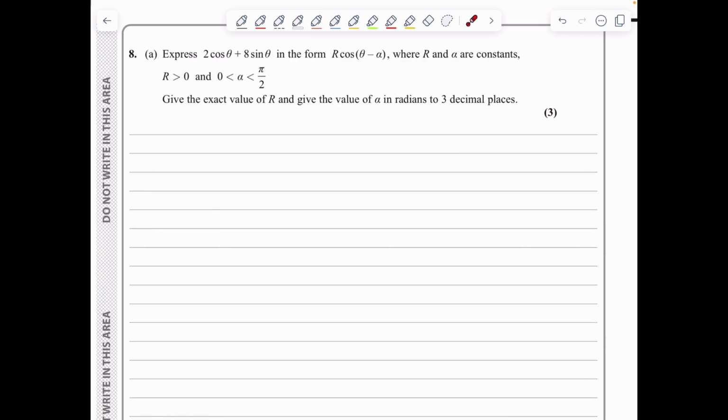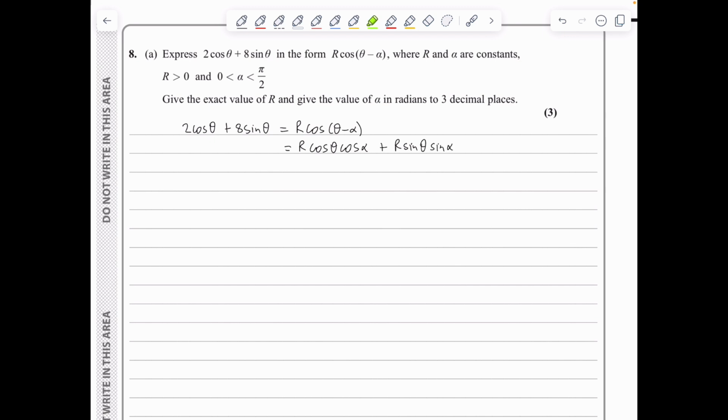In 8a, we need to express 2 cos theta plus 8 sin theta in the form r cos(theta minus alpha), where r is positive, alpha is acute, and it's in radians, and we need to give alpha to 3 decimal places. So starting with what we are given, I will be using the addition formula for cos(A minus B). So this is r cos theta cos alpha plus r sin theta sin alpha.